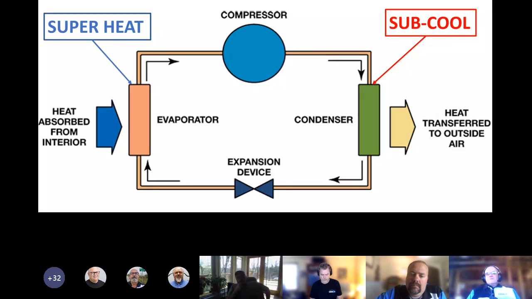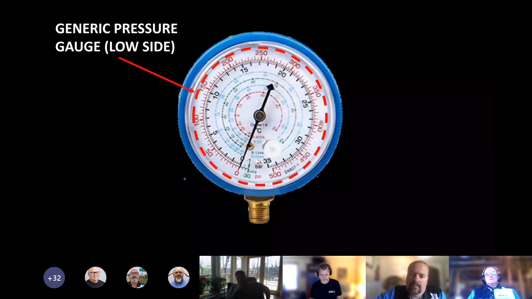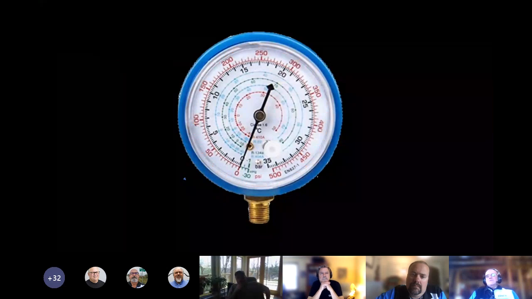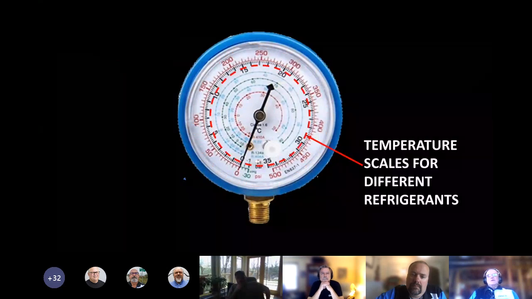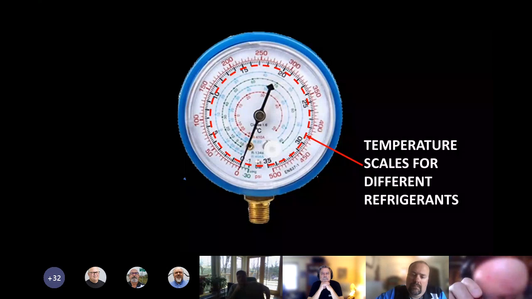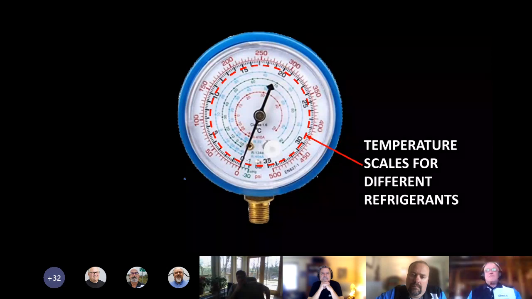Now, we all have seen the low and high side gauges before, and I just want to spend a second explaining a little bit. We've always looked at the outside ring, which is pressure. And we all know that, but what about all those other dials inside the gauge? Those are temperature scales for different refrigerants. And you'll see on the gauge, if you can see it up close, it says R404A, 134A, R22, and R410A.